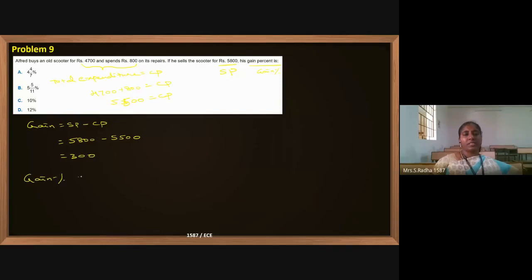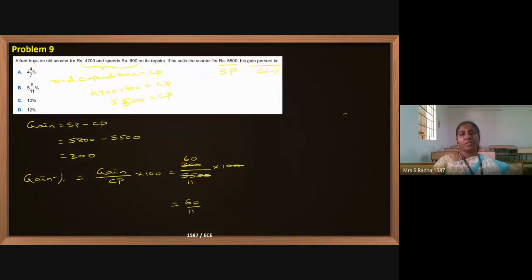So gain percentage is gain divided by cost price into 100, which is 300 by cost price 5,500 into 100. Now two zeros cancel, and we can cancel with 5, 11s are 55, and here 6 and 0. We have 60 by 11, which is an improper fraction.